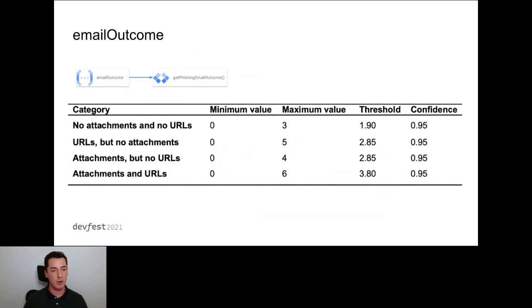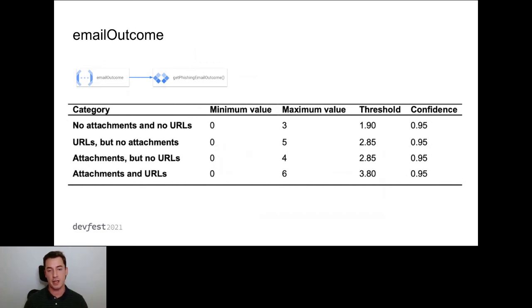So if we have no attachments and no URLs, just utilize it one by one over there. The maximum value we can get over there is 3, and we have a 1.9 threshold with a confidence of 0.95, right? So 95% on each AutoML invoke, we need to be confident that this one is phishing. So we will be able to use that and publish it.